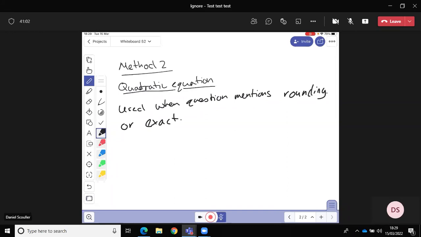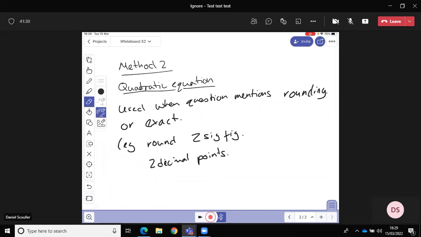So things like round to two significant figures, or give your answers to 2 decimal points, or 2 decimal places. If the question says something like that, it's looking for a decimal essentially. And then you won't be able to factorize easily, or quickly.